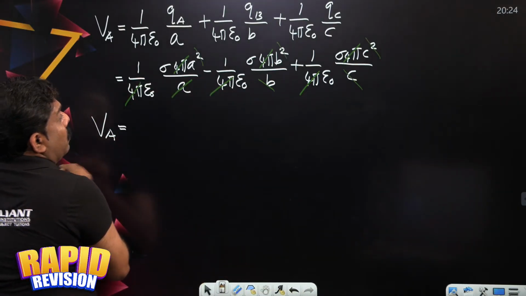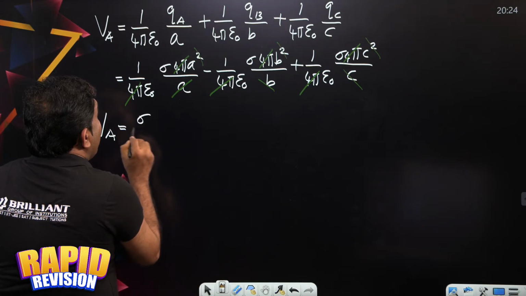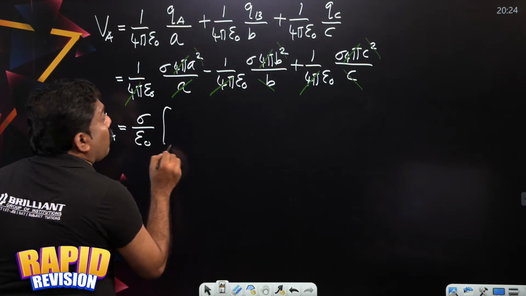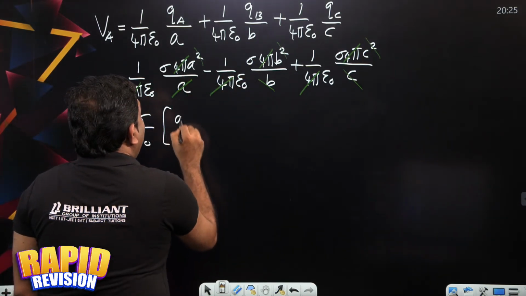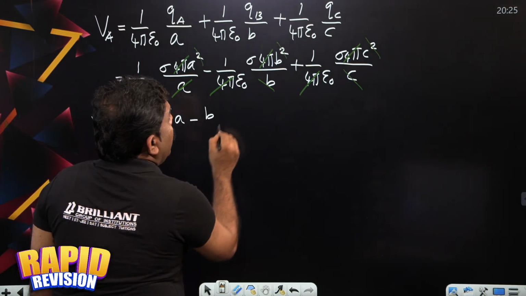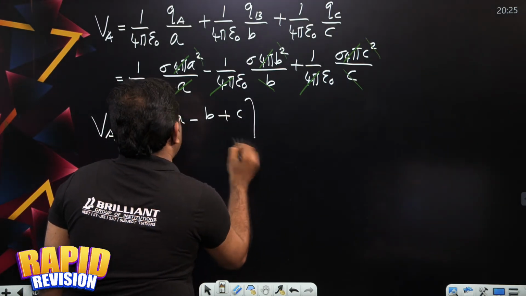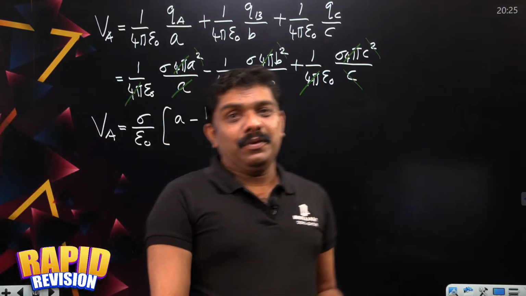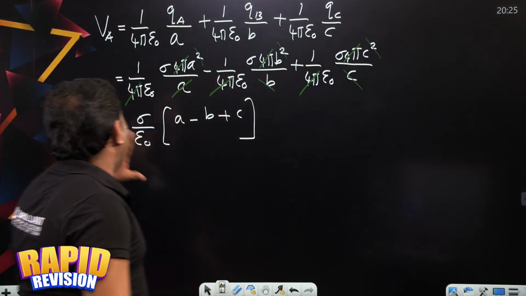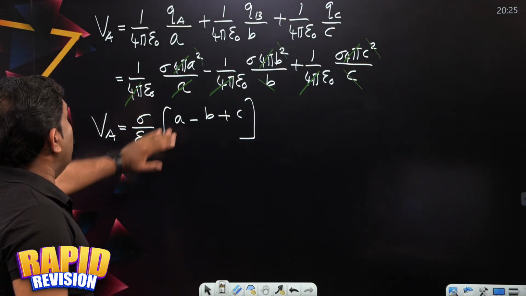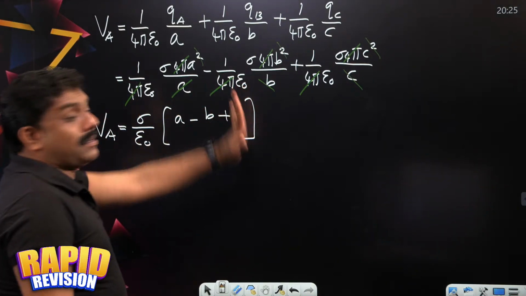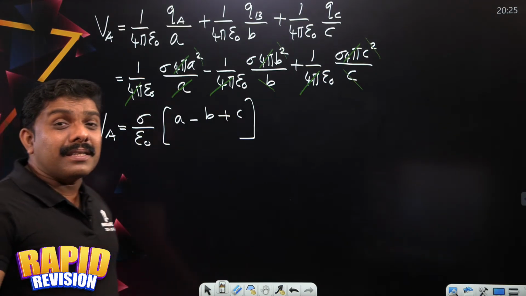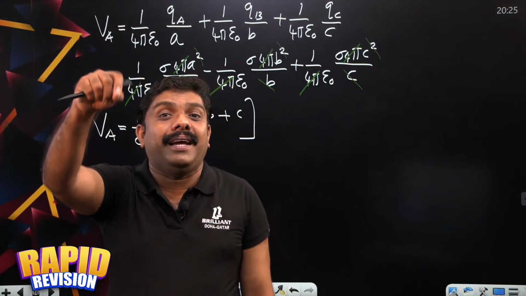VA is equal to, look here, sigma by epsilon 0 is common in all the terms, into A minus B plus C. So this is the potential on the surface A. So the potential on the shell A is sigma by epsilon 0 into A minus B plus C. They are not asking for the potential on the surface of the shell A alone.